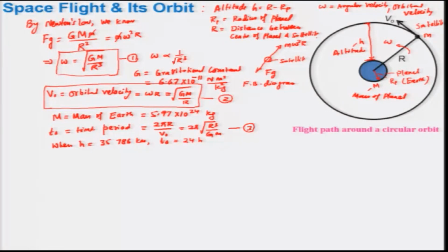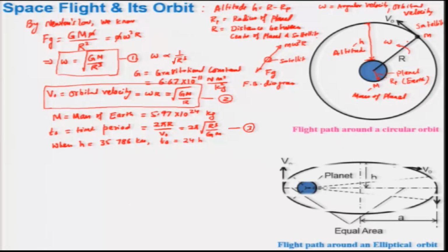And keep in mind that if this orbital velocity V naught is reduced, then the satellite will take an elliptical path instead of a circular path. Then we need to look at the elliptical path. If you look at this elliptical path, with the satellite here and this is your planet, it should be located at one of the focal points.